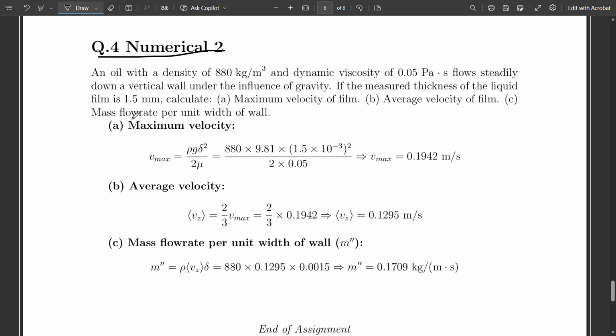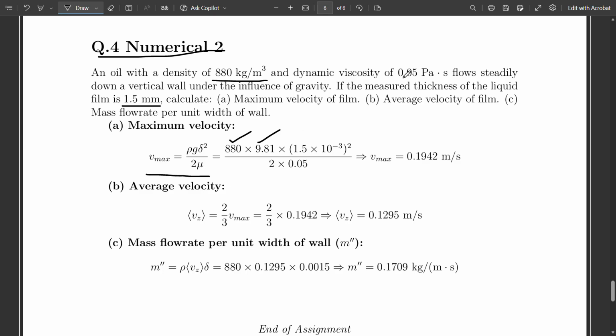Here again, the maximum velocity formula we derived earlier is Vmax equal to rho g delta square upon 2 mu. We are given the density, 880 kg per meter cube, and gravity we know is 9.81 meter per second square. Delta is given as 1.5 mm; first convert into meters, then put it in.